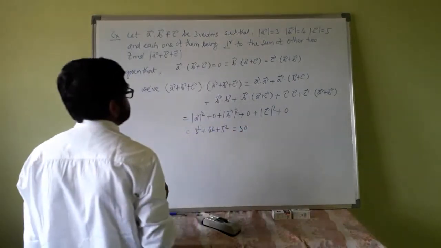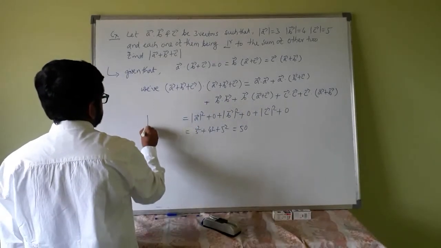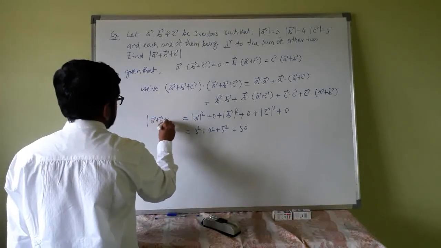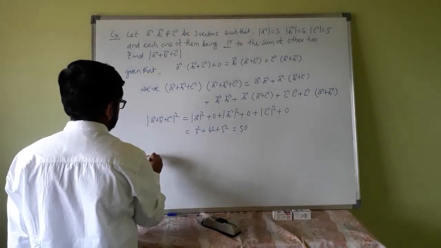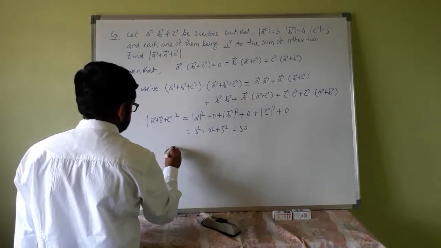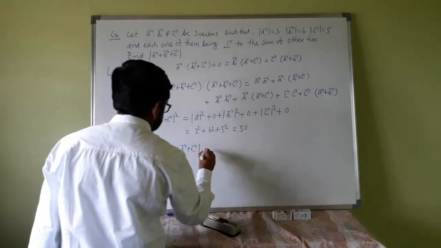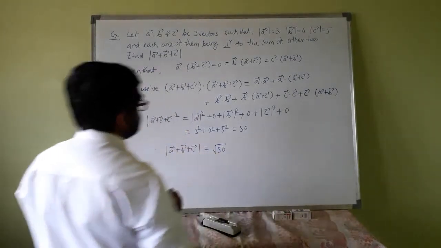Therefore this is nothing but magnitude of A plus B plus C square. Therefore magnitude of A plus B plus C is equal to root 50.